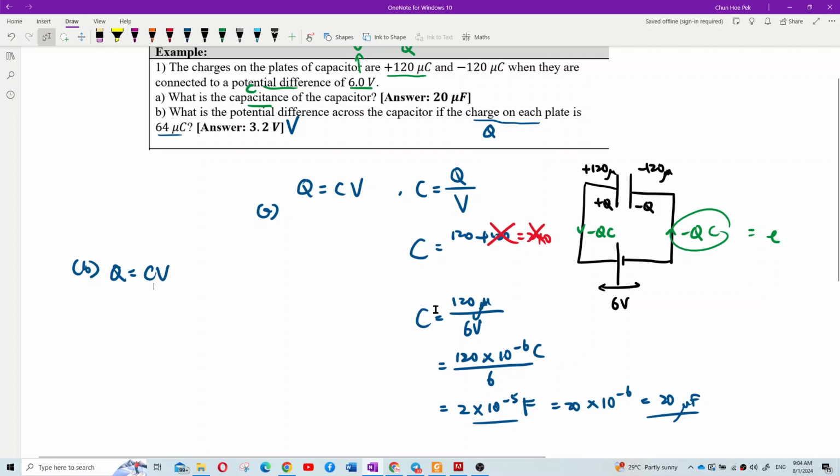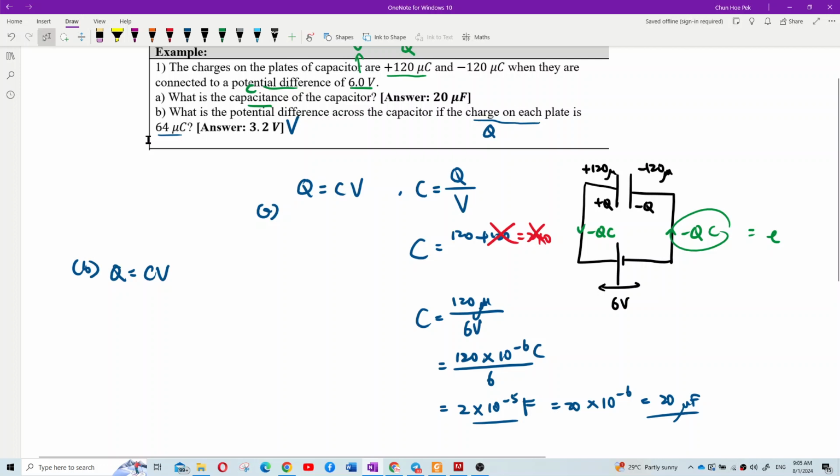Use the capacitance 20 microfarad also, because we use the same capacitor. The capacitor doesn't change, it is a constant value. So use this capacitance value to find the new potential difference, the new voltage.